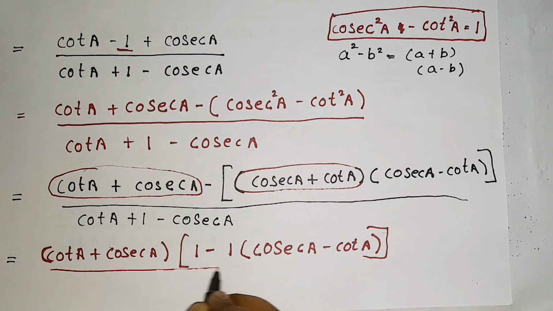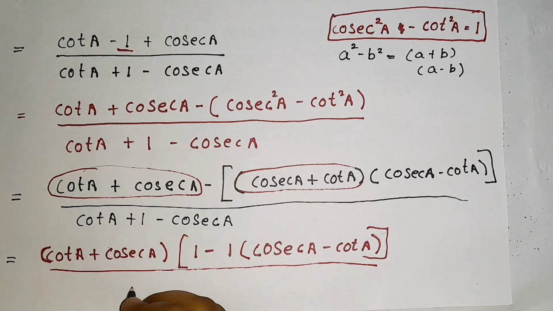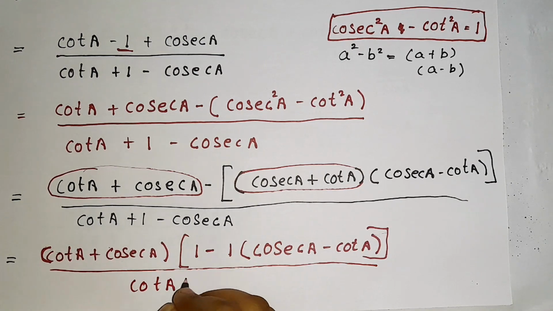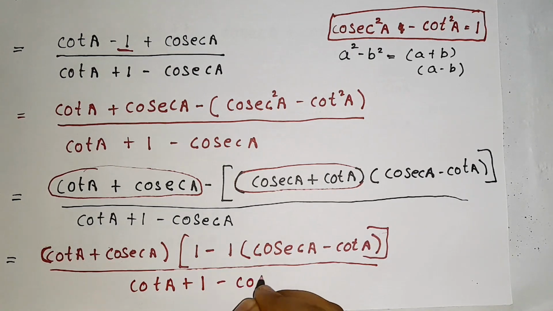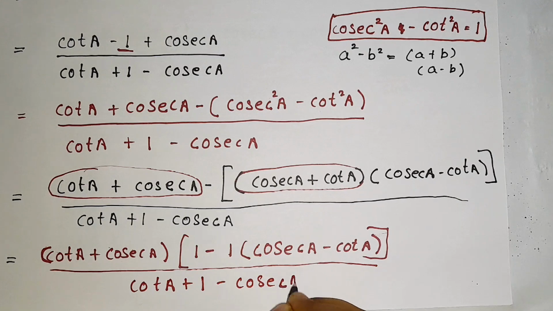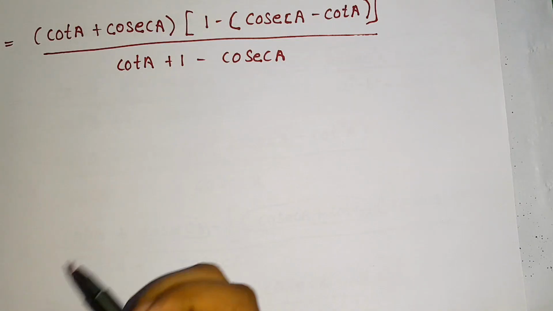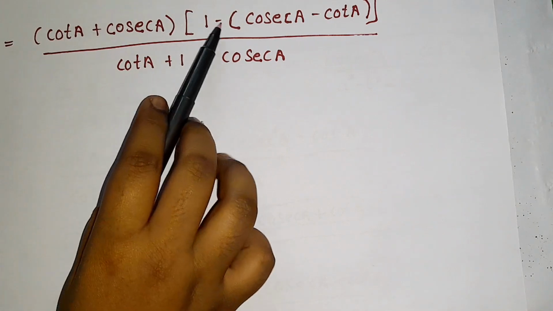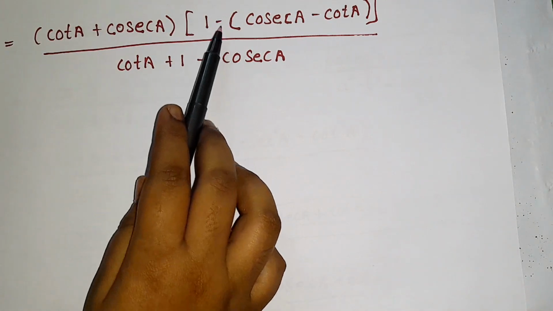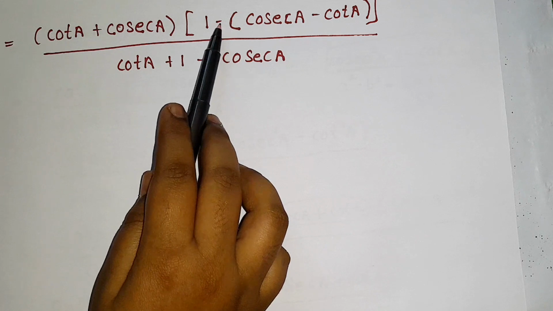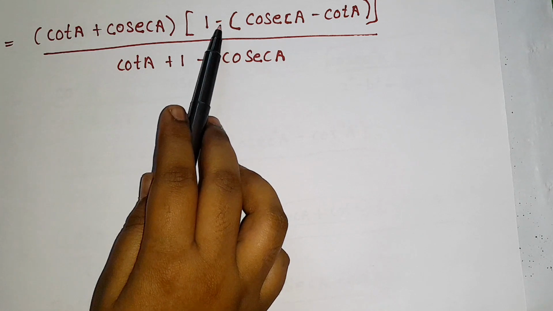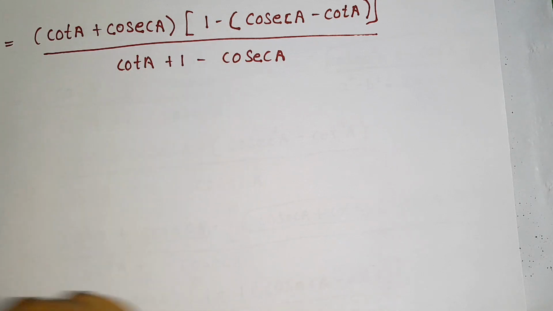So now divided by cot A plus 1 minus cosecant A. Okay, alright guys, so I just wrote the values as it is. In the previous page I wrote 1 here, but if nothing is there, the meaning is 1 only, so I didn't consider that.